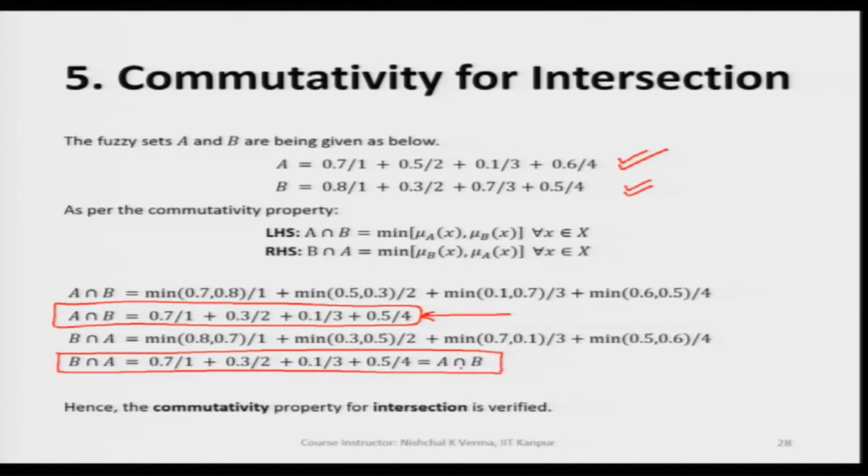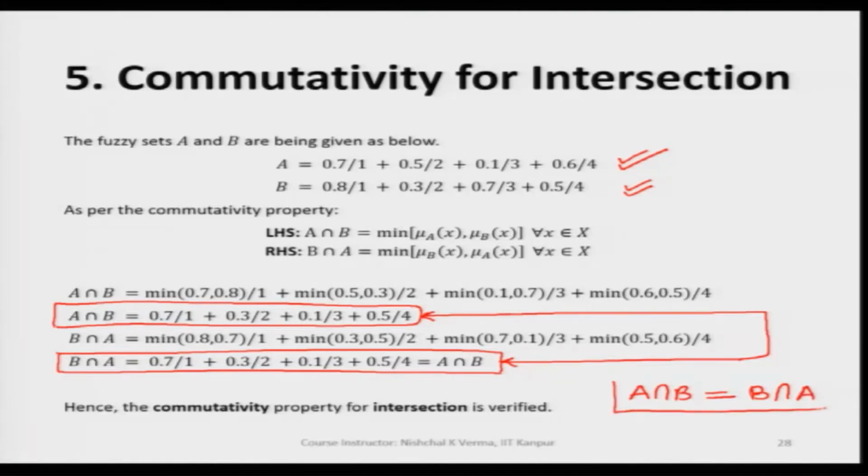This way we see that we are getting the same outcome as we have gotten for A intersection B. All the elements remain the same, and hence we can always say that A intersection B is equal to B intersection A for discrete fuzzy sets also.